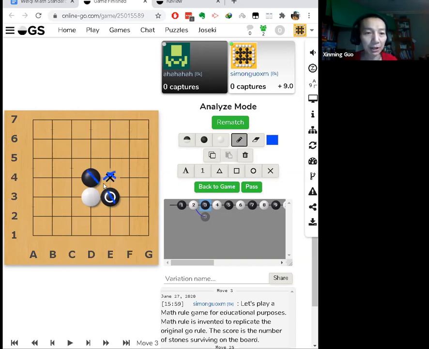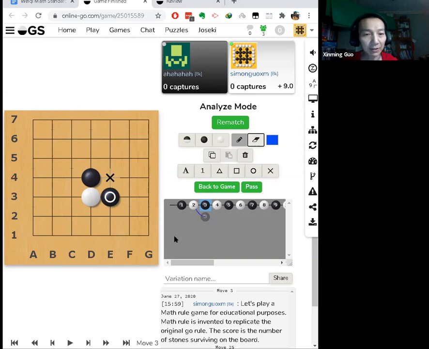There's a cutting point, and this one has 3 qi, and this one has 3 qi. That's the situation of the black group. For the territory, probably this part will be the territory of black. That's the situation right now.